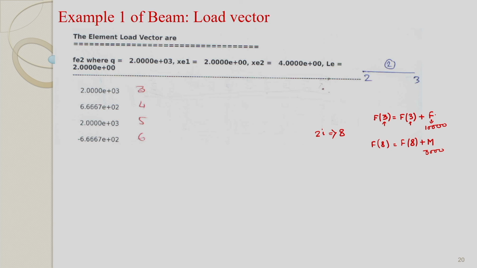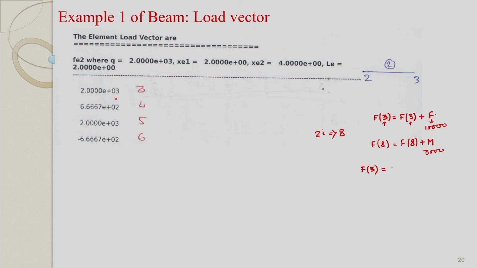So, if we write our F3, already we have some entry from uniform load contribution, that is 2000.